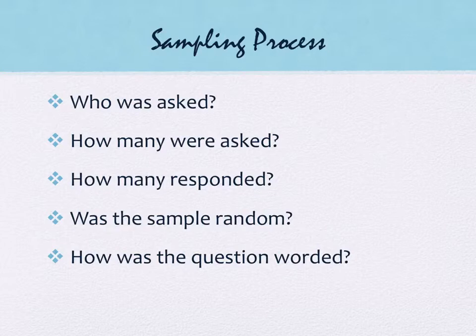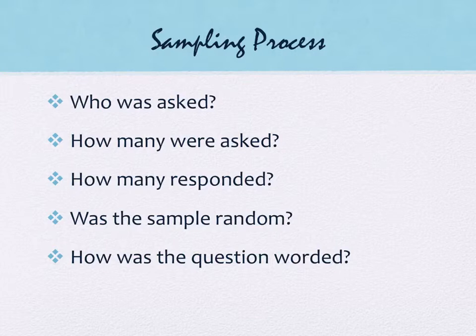And how was the question worded? There are times when people word questions in a way that's really confusing and you're like, I'm not even sure what you just asked me. So it's really difficult to make sure that the people responding know what they're responding to. Or they word it in such a way that you're led to a specific conclusion, right? Like if I look at my child and I say, did you steal that cookie?